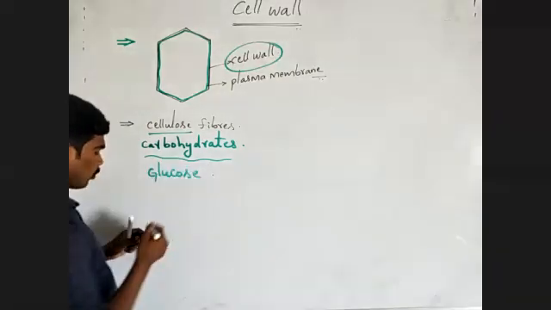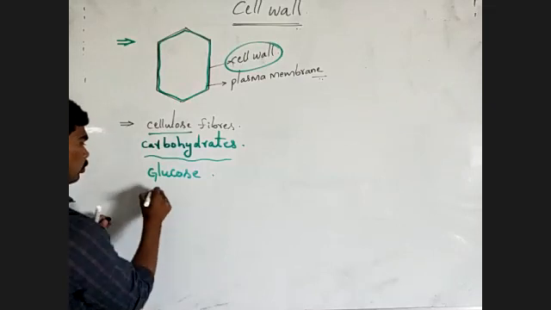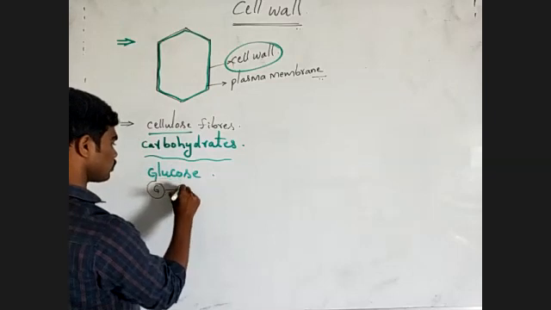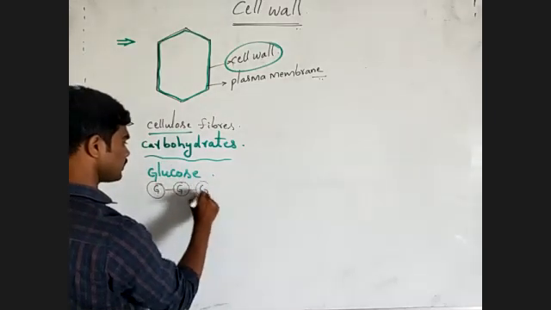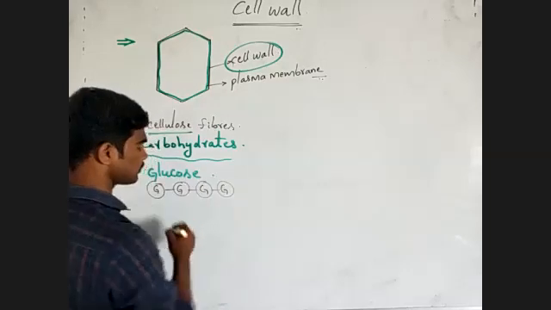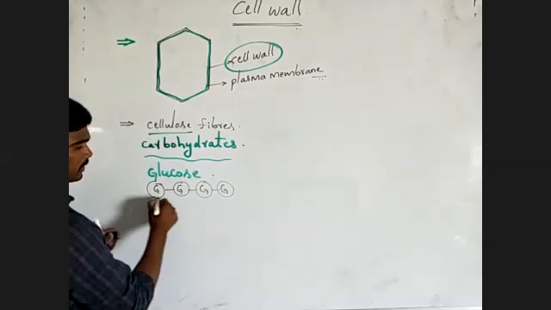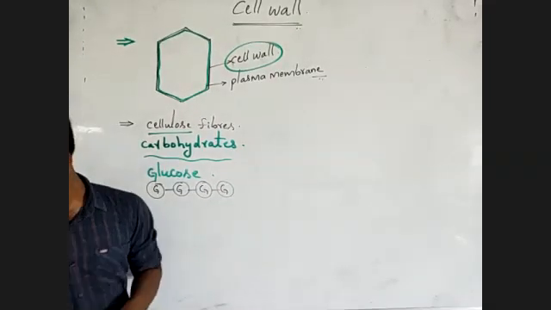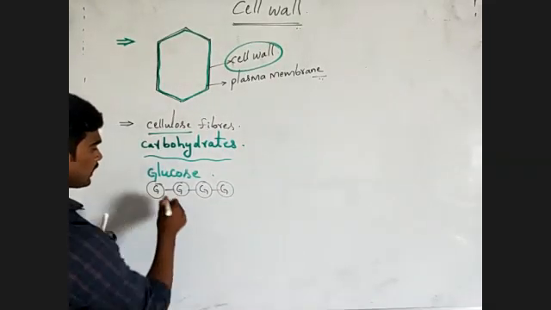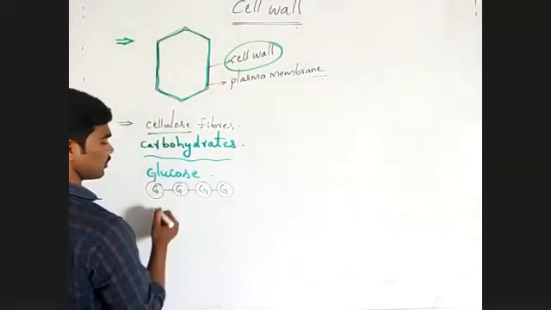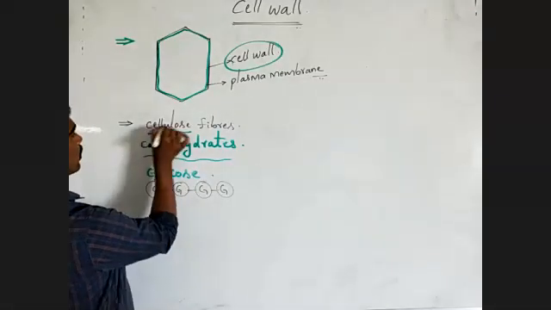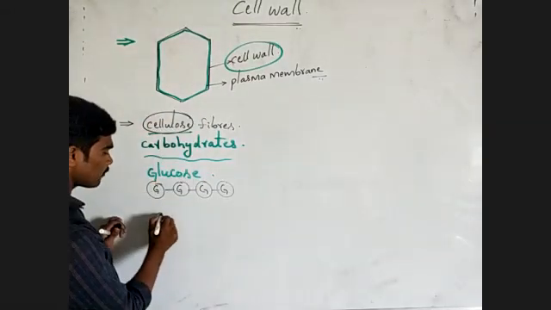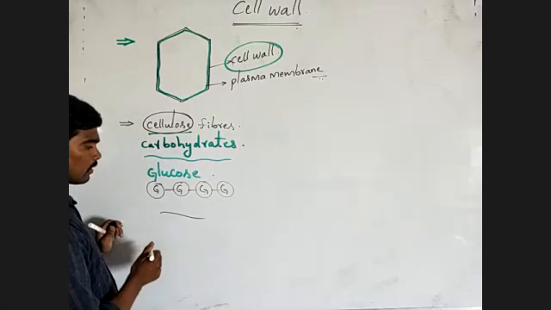All glucose monomers are interconnected like this and form a chain-like structure. This chain-like structure is called cellulose. This is a cellulose fiber.